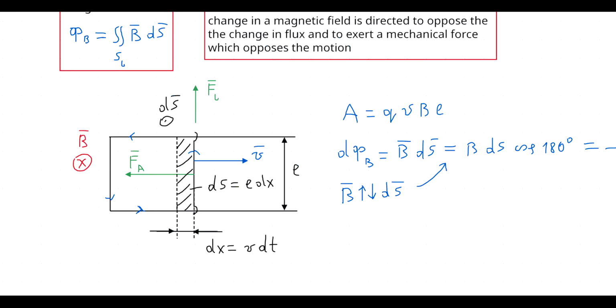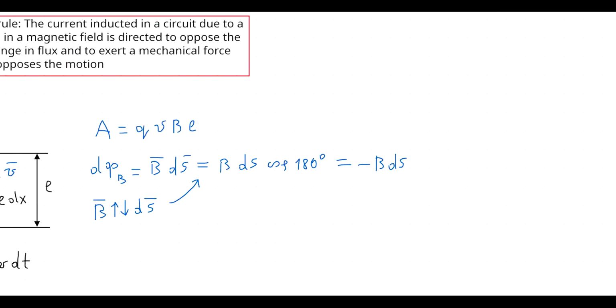Okay, and let's return to our picture. As we have found that increase in area dS is equal to L multiplied by increase of coordinate of the rod, so it will be L dx. So we can write minus B L dx.